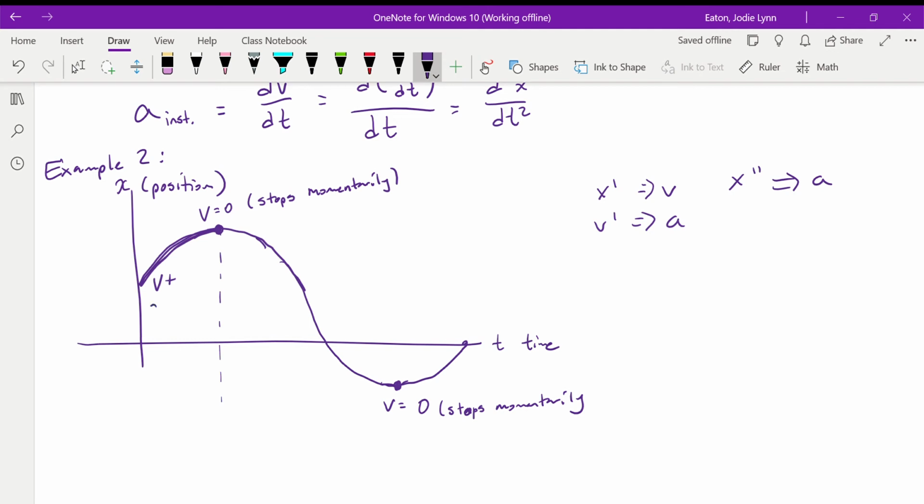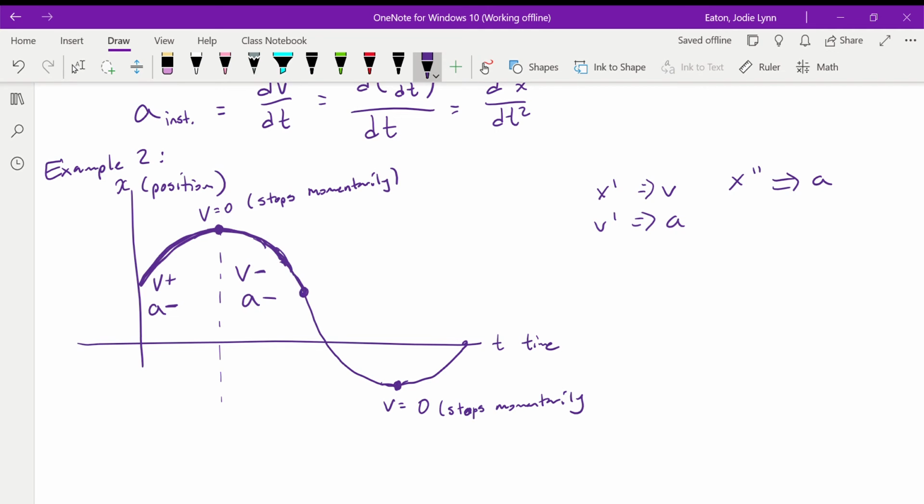And we have acceleration: we are concave down, so we have a negative acceleration. If the velocity is positive and the acceleration is negative, it means we are slowing down. Here we start to be a decreasing function, but we're still concave down, which means we have a negative velocity. We're going in the opposite direction than we were going. And our acceleration is also negative, so that means we're speeding up, but we're speeding up in the opposite direction.